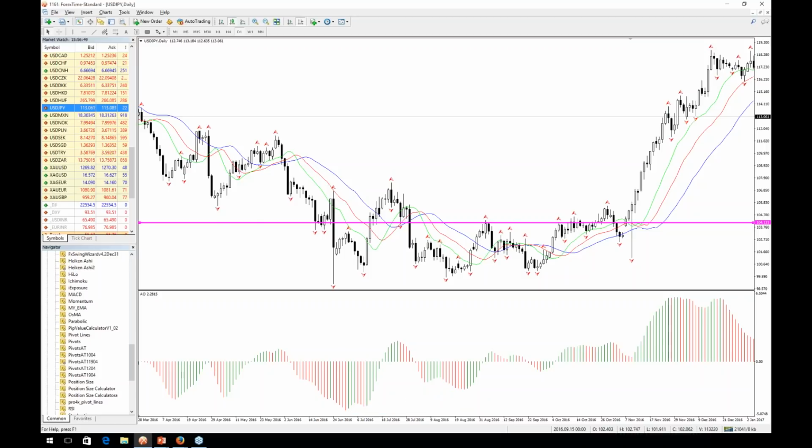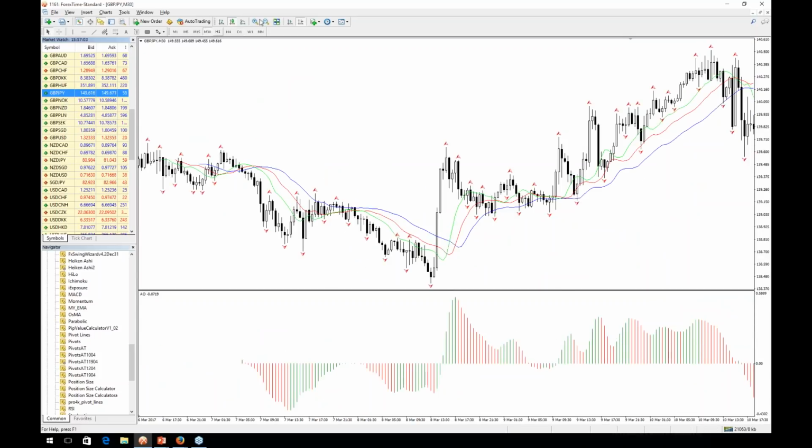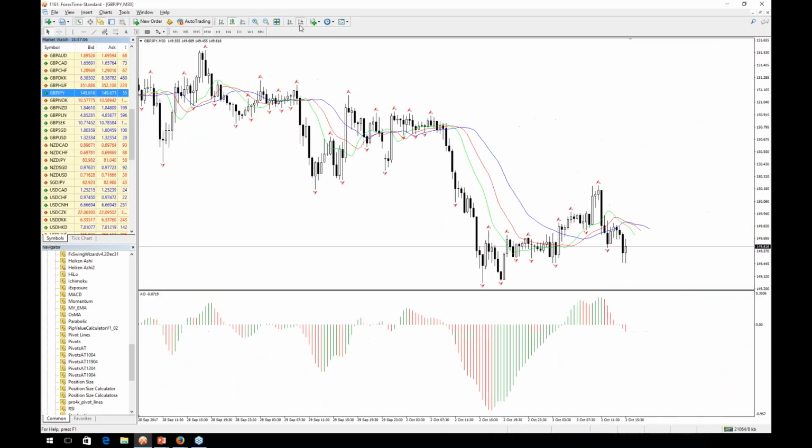Now, let's find another one. So the next one was USD GBPY 30 minutes. All right, here we are. So we are right here. Very good. Is this a bullish divergent bar? Yes. Can I buy here? Of course.